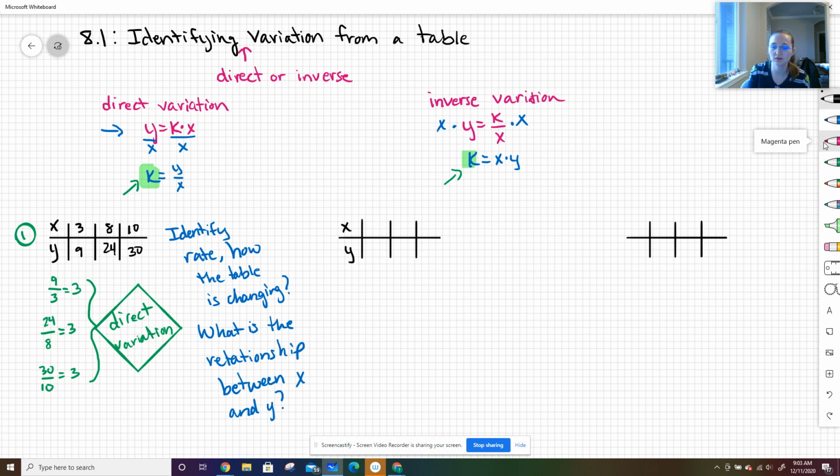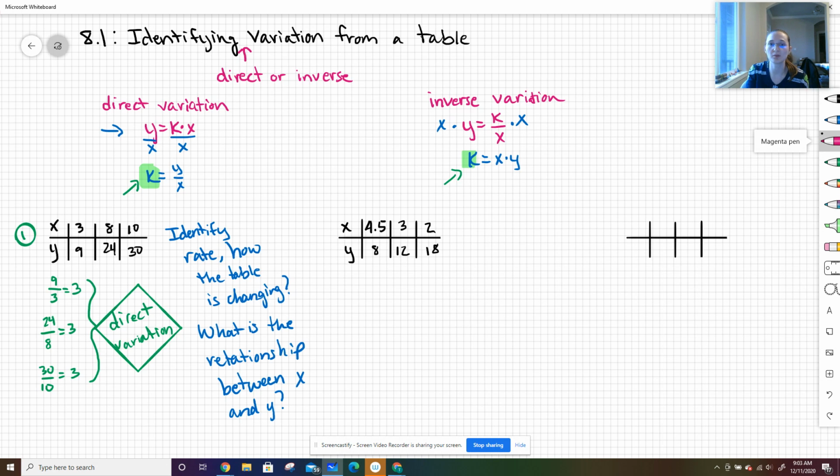X and Y, we're going to have 4.5 and 8, 3 and 12, and 2 and 18.